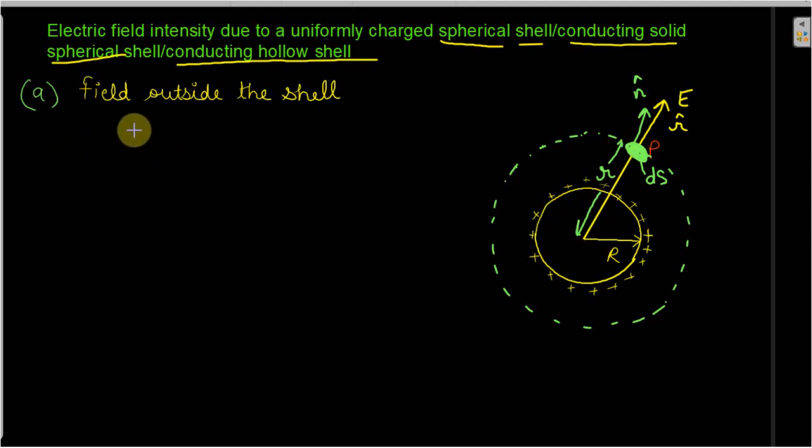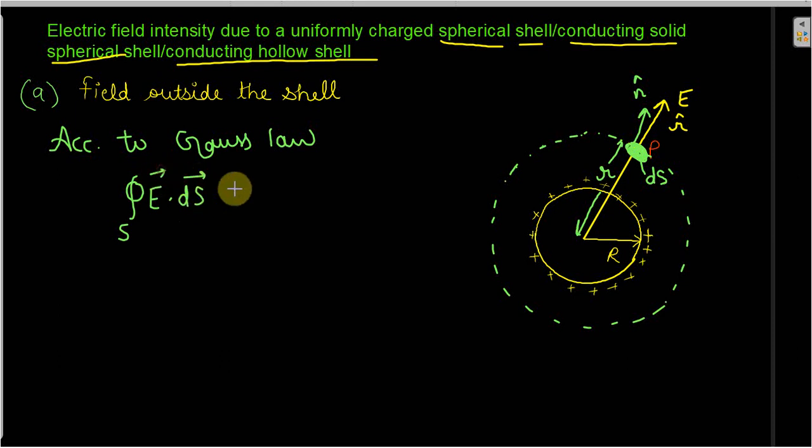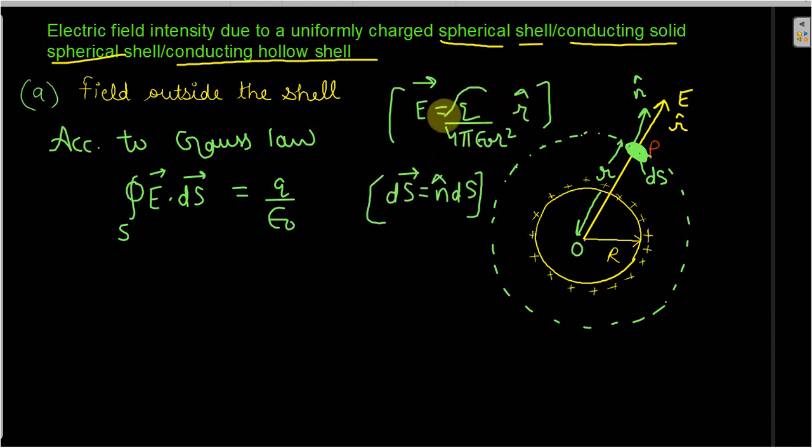So according to Gauss law, we can write the closed surface integral of E dot ds is equal to q by epsilon naught, the charge inside. Here we can substitute the values of the E vector and ds vector.